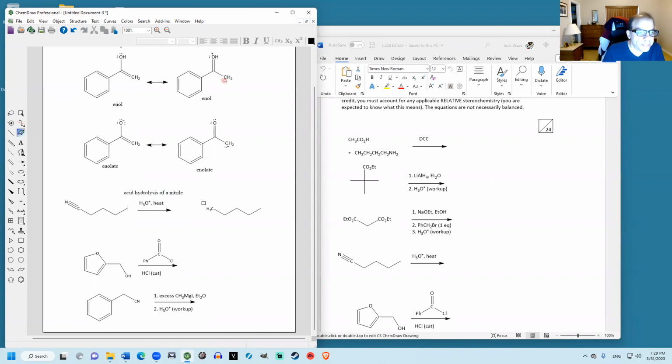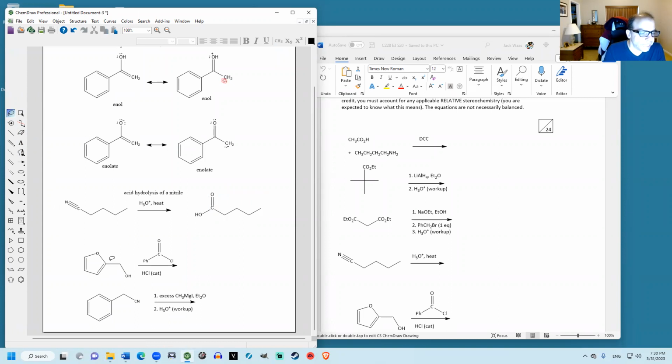And the compound that you get is a carboxylic acid. So that's that one.